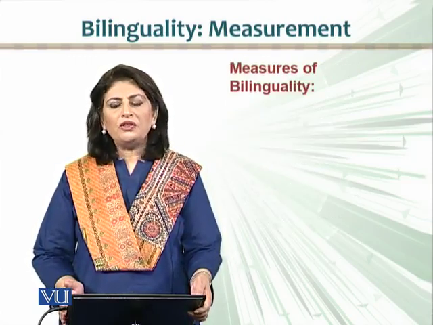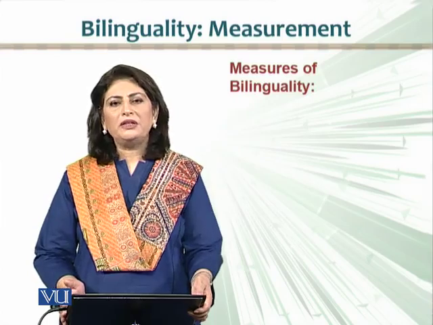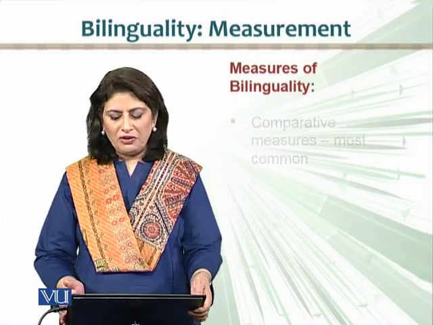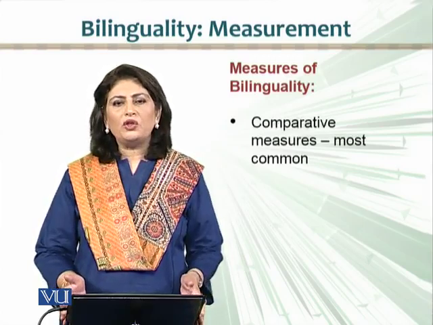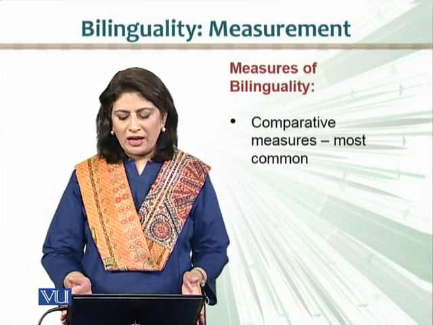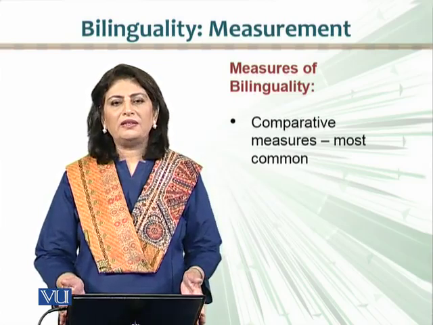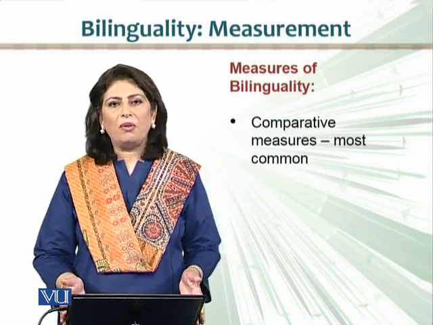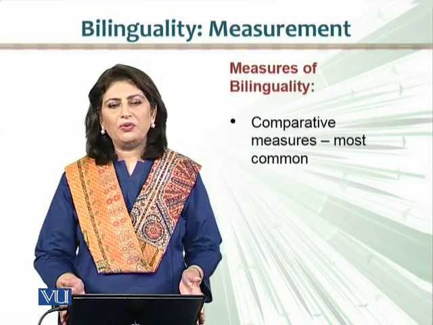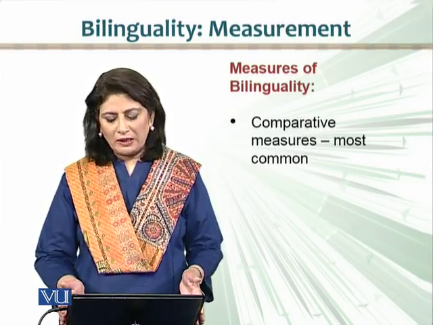Now, measures of bilinguality. What are the different measurements that have been used? One way to measure bilinguality has been what we call comparative measures, and this has been the most common technique that has been used to measure bilinguality.